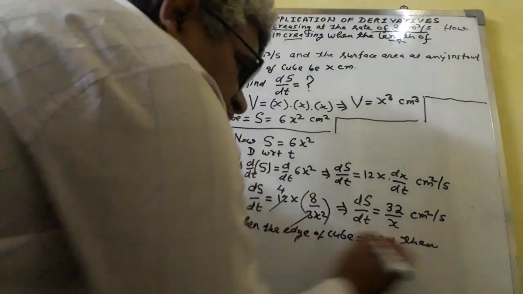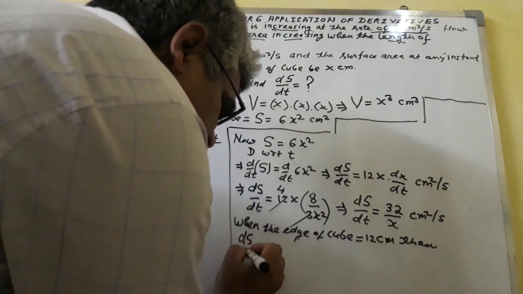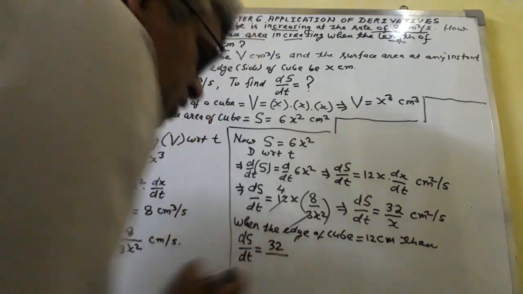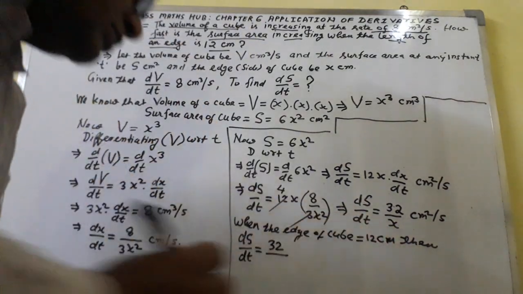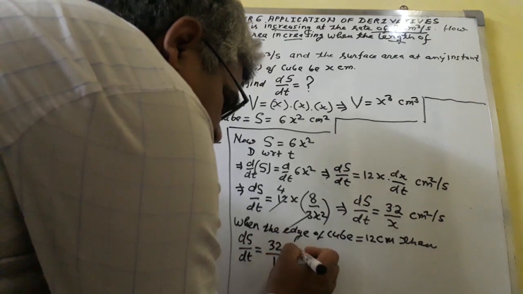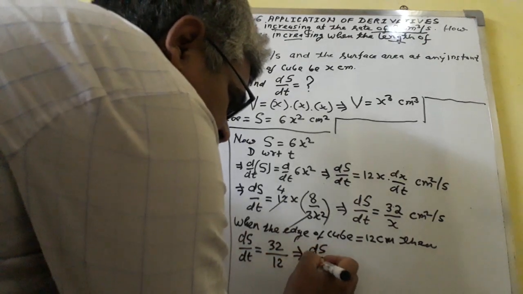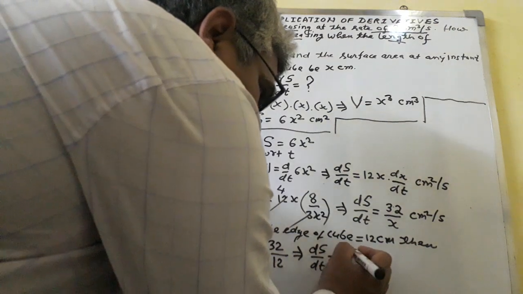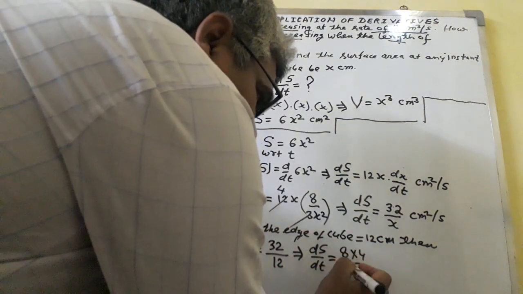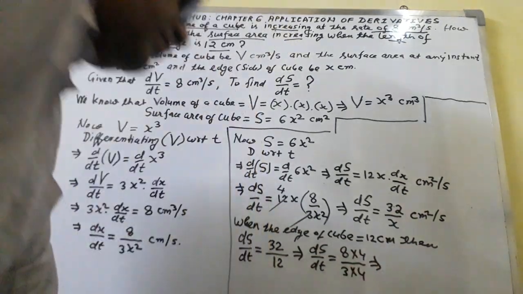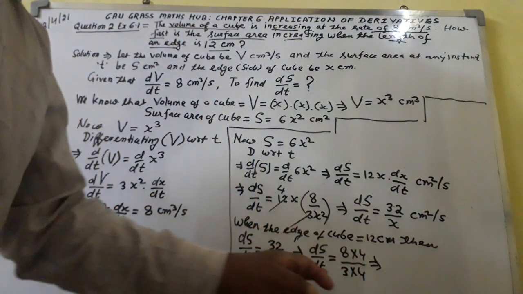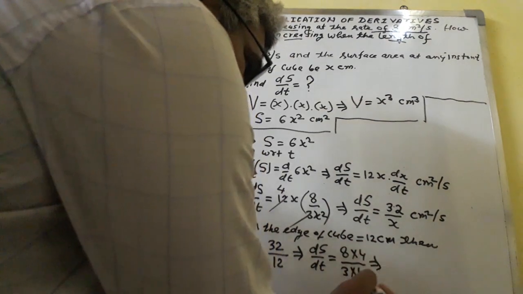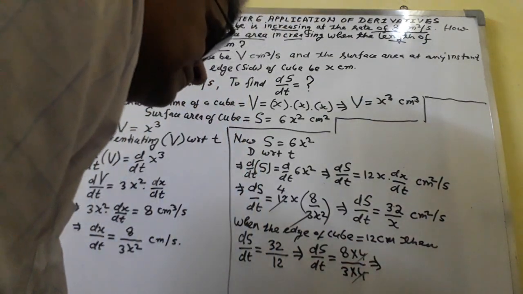So here we will get then dS over dt equal to 32 over, in place of x I shall write 12, implies that dS over dt equal to 8 into 4 over 3 into 4. 8 fours are 32 and 3 fours are 12. This 4 will be cancelled out.